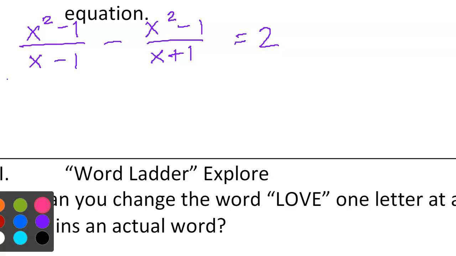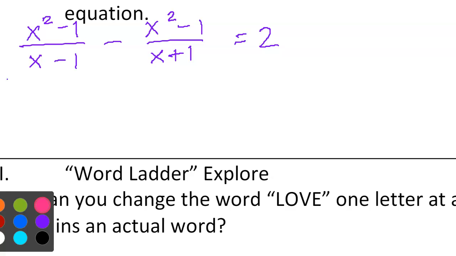First thing I'm going to do, well, let me ask you, what do you think the first thing I would do here is? What can I do here? Yes, I would get a common denominator because notice that 2 is just a single term. On the left side, I currently have 2 terms being subtracted.